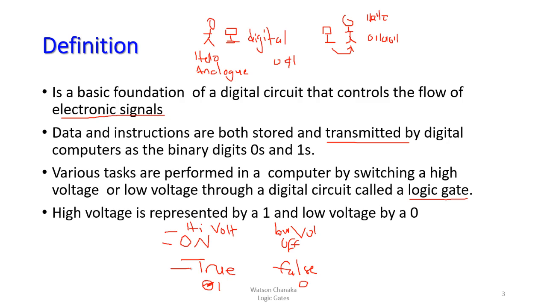What was the objective? To increase the speed of the computer and to reduce its size. So now computers have thousands if not millions of logic gates inside, which help to control the flow of electronic signals in a predetermined way.